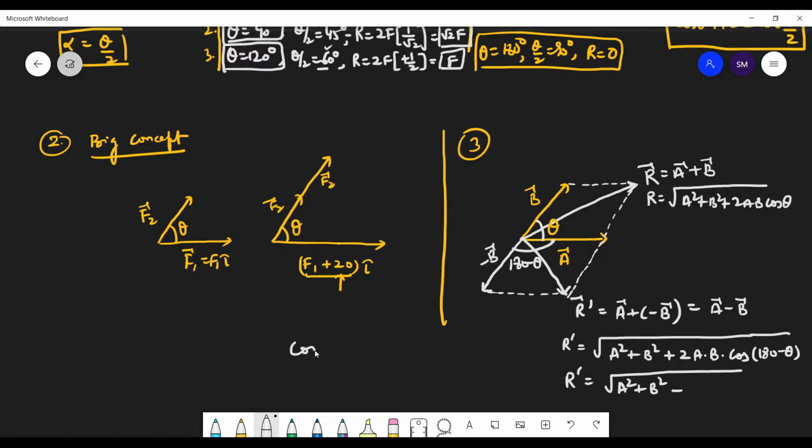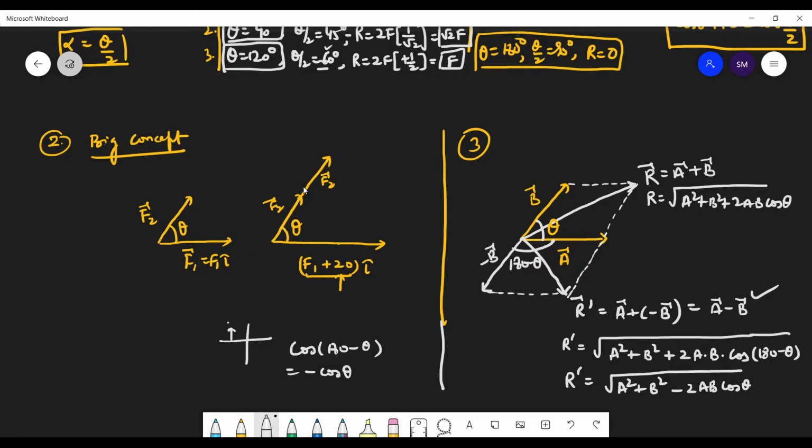In the second quadrant, cos is negative, so that's minus 2AB cos theta. So students, that's the change in the formulas for A plus B and A minus B. When finding the resultant of A minus B, it is A square plus B square minus 2AB cos theta, and for A plus B it is plus.